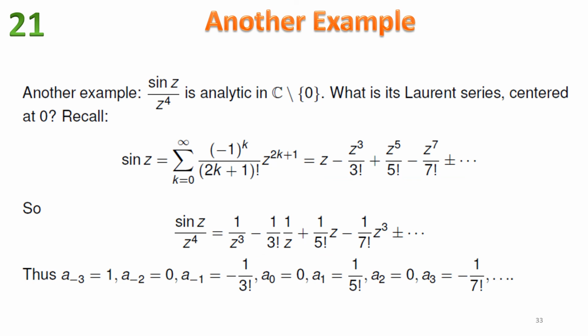Now here you can work out the coefficients. a minus 3 is equal to 1, a minus 2 is equal to 0, a minus 1 is equal to minus 1 upon 3 factorial, then a0 is equal to 0, a1 is equal to 1 upon 5 factorial, a2 is 0, a3 is equal to minus 1 upon 7 factorial.